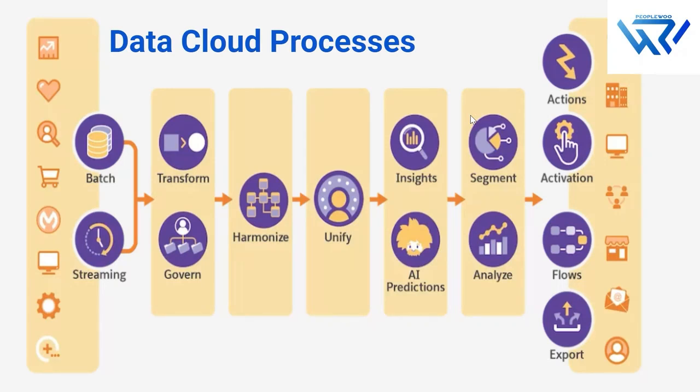Once you have customer segments created, you can activate that data and take data actions. You can trigger a Sales Cloud flow, trigger a Marketing Cloud journey, export that data for manual analysis, or update any field within Sales, Service, or Marketing Cloud. With that Customer 360 data model, we can take multiple actions.